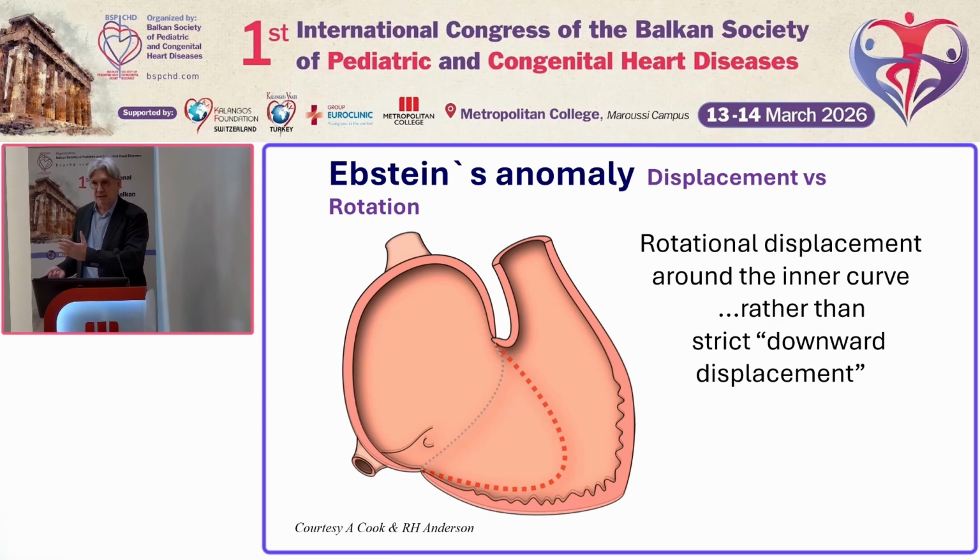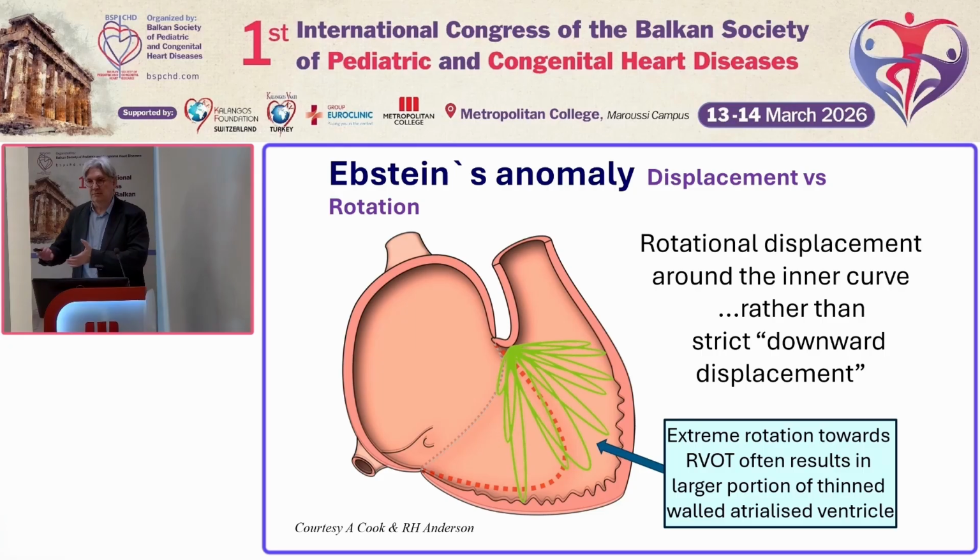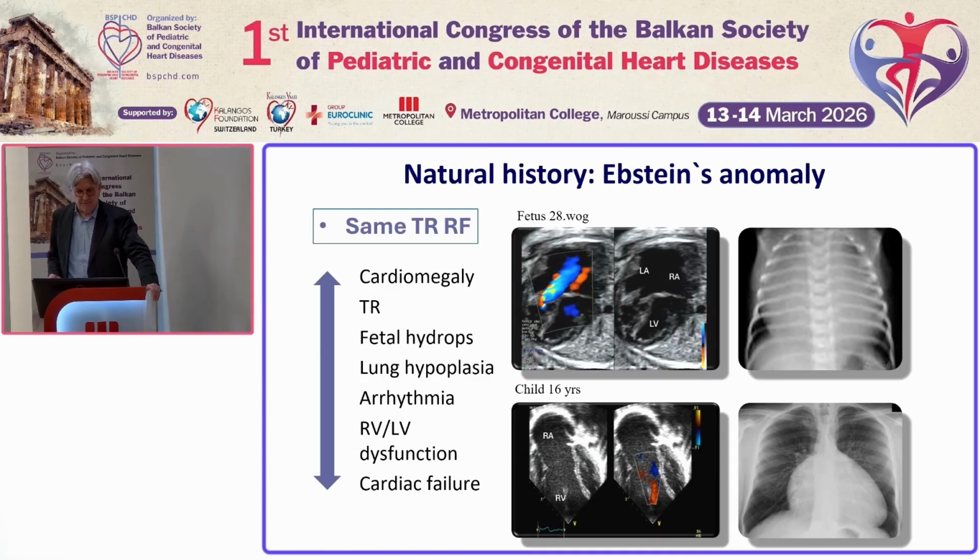Apart from the displacement of the septal leaflet, there is the rotation, and this is important because the rotation of the valve gives you an idea about how much of the right ventricle is in the functional part and how much is in the atrialized part. We use the measurement of the angulation, which gives you some idea about the future and the outcome of the Cone procedure.